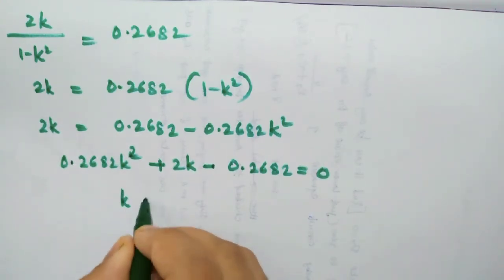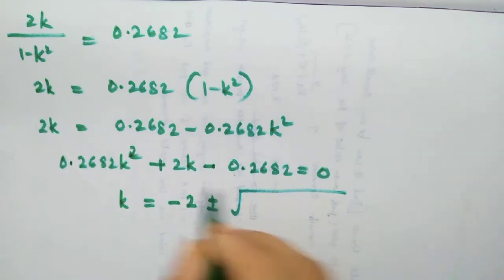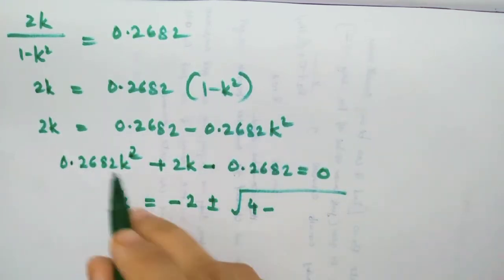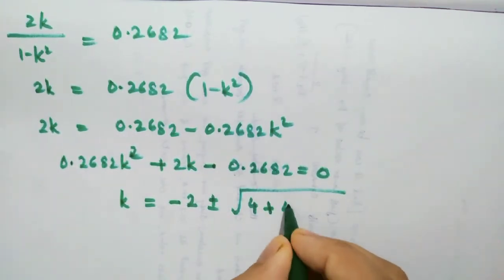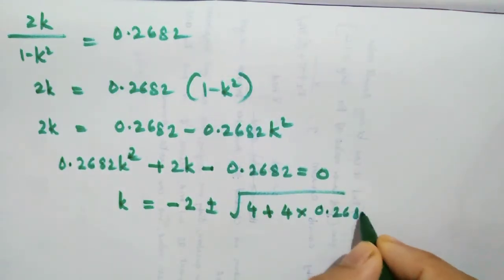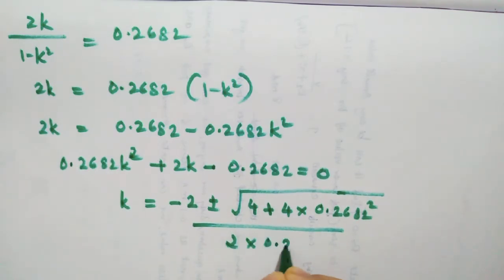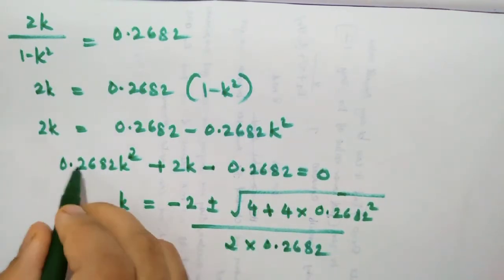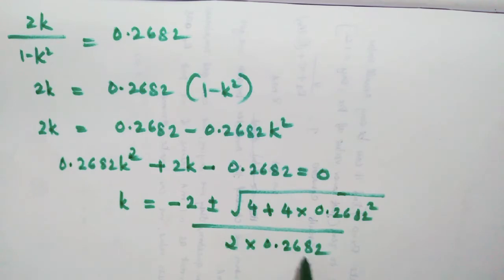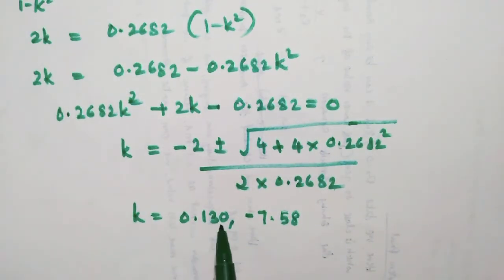So how will we solve? k is equal to minus b plus or minus root of b square minus 4ac, that is plus 4 into 0.2682 square, divided by 2a, that is 2 into 0.2682. After solving for k, we get two values, 0.130 and minus 7.58.